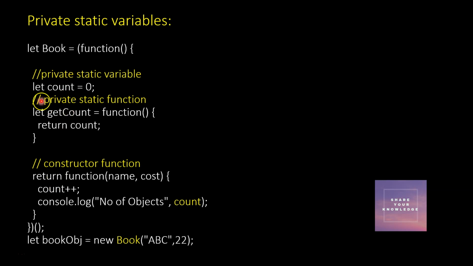That's why I used the static variable let count equal to 0, to find out how many instances were created out of this constructor function. Static is nothing but the same copy being shared by all the instances created. All the instances share the same count and getCount. This is a static variable, this is a static function.